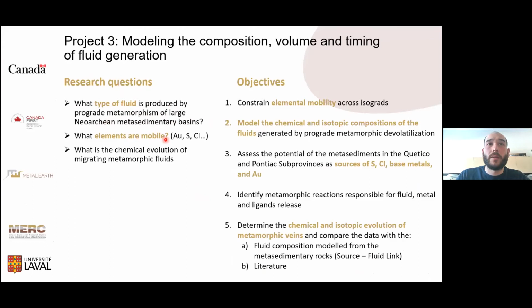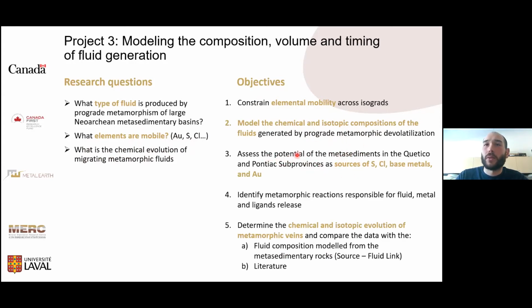What elements are mobile? We can try to track gold, sulfur, chlorine, for example, and what is the chemical evolution of migrating metamorphic fluids. Quantitative approach. The main objectives are to constrain the elements' mobility across the isograds, model the chemical and isotopic composition of the fluids during prograde metamorphic devolatilization, and so contribute to the general understanding.